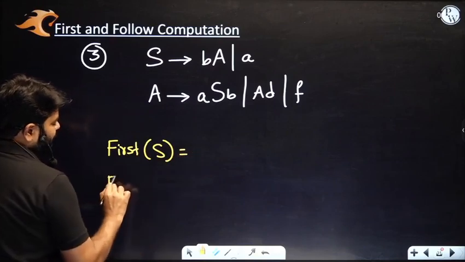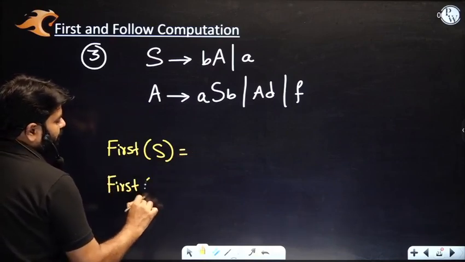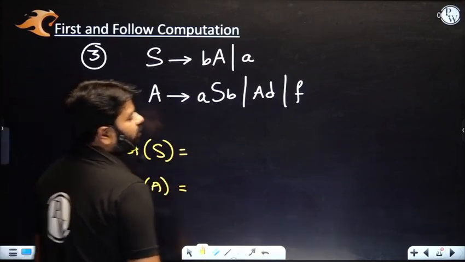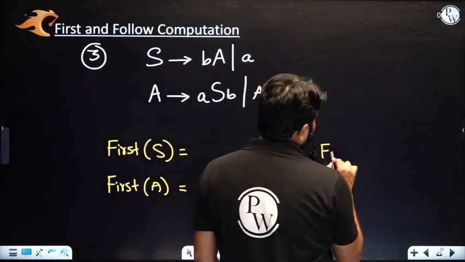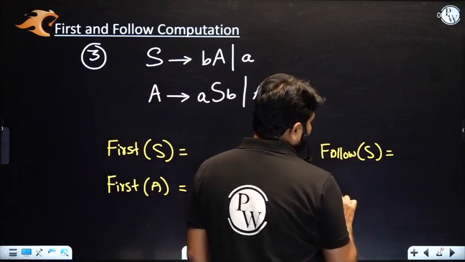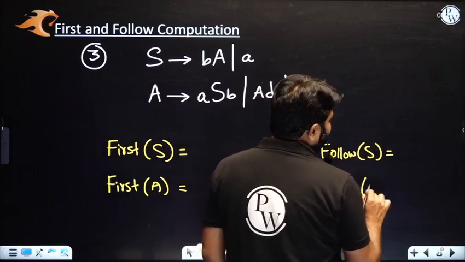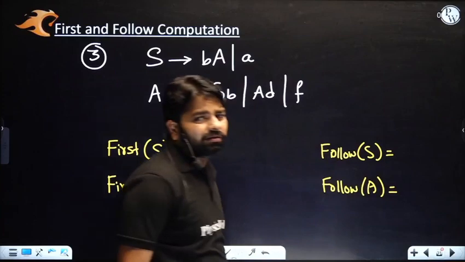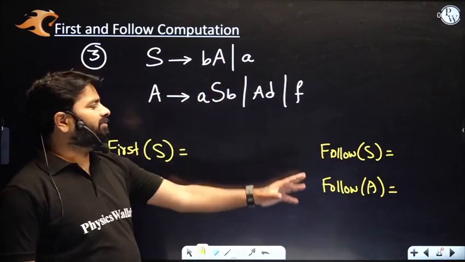Then what is the first of A? Once you compute those, you go for follow of S, then you compute follow of A. In the exam they may ask only about one non-terminal, that could be so easy. So, here we have 4 questions.